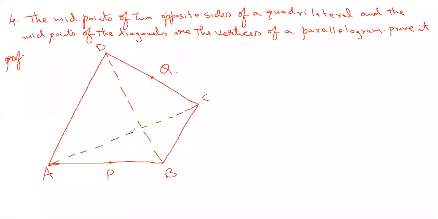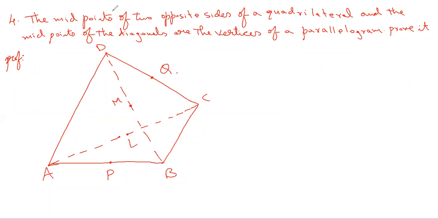Now you take this as the midpoint, this is the midpoint of those two, and this is the midpoint. So the diagonal midpoints, okay. So let us take PQ and this, let us take this as LM.